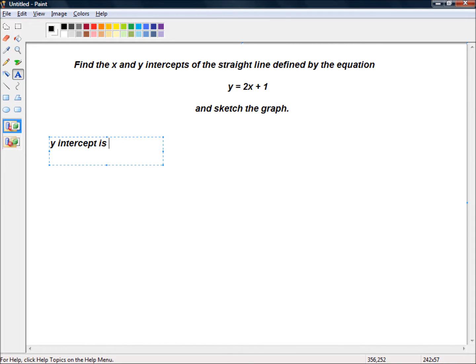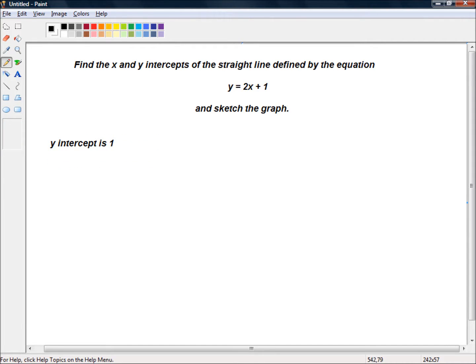Y-intercept is 1. And I get that just from looking at the equation. There it is. Y equals 2x plus 1. That plus 1 is the y-intercept.